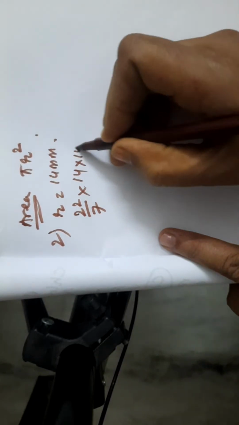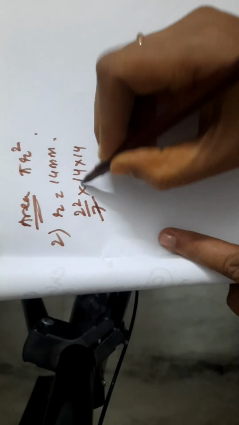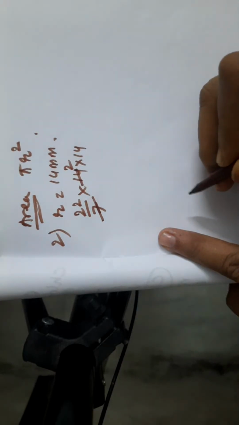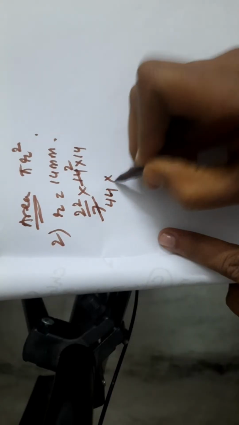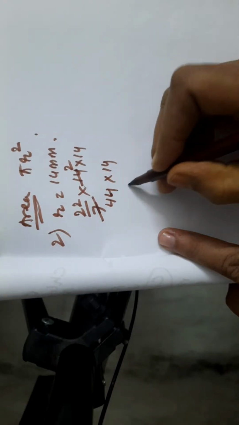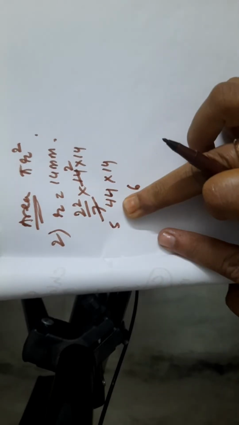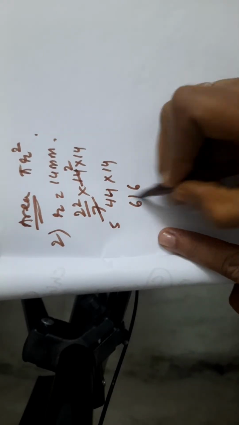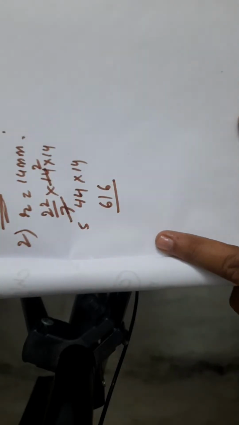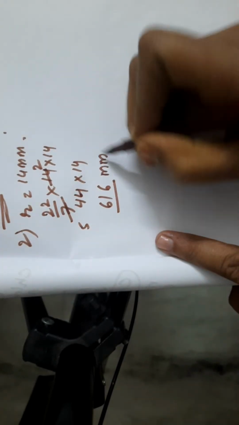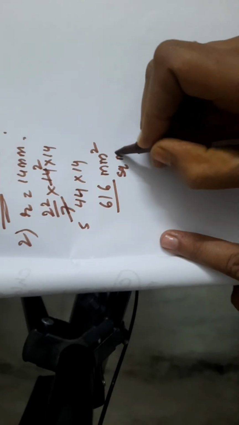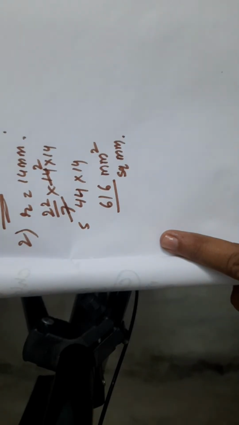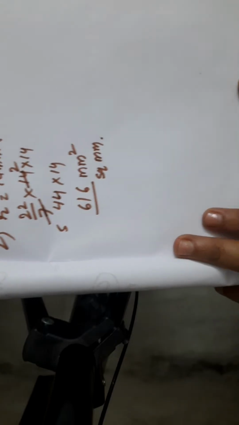So 14 is written twice, 7 2s are 14, so this got cancelled, 22 2s are 44, multiplied by 14, 14 4s are 56, 14 4s are 56 plus 5, 61. So it's 616 millimeter square. Either you can put square in the answer or you can write square millimeter. This is how we calculate area.